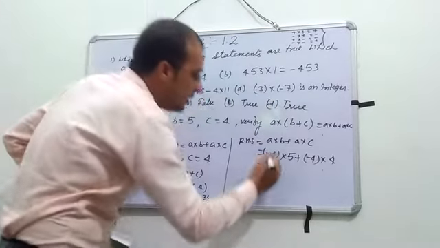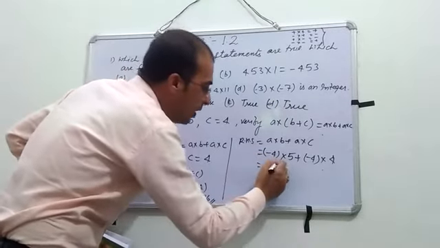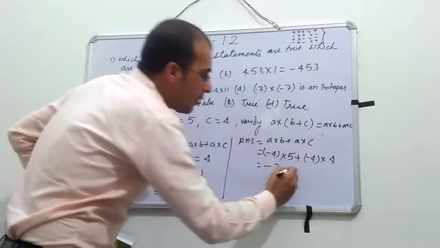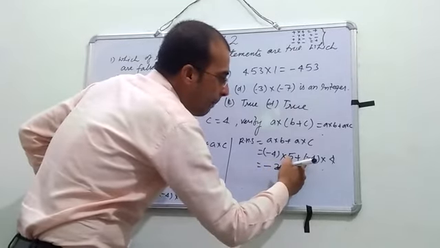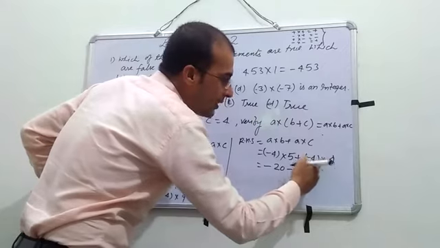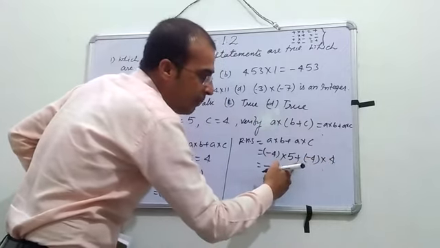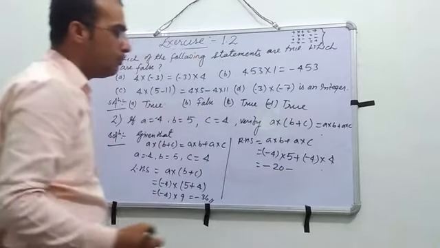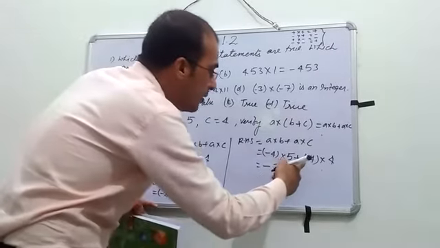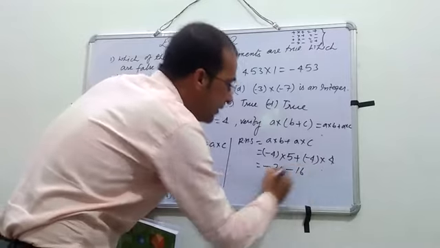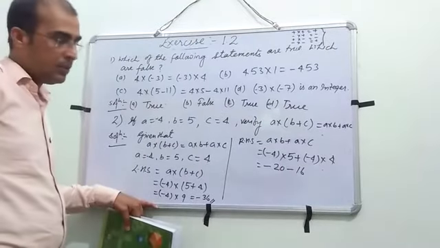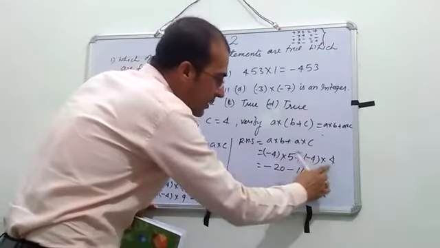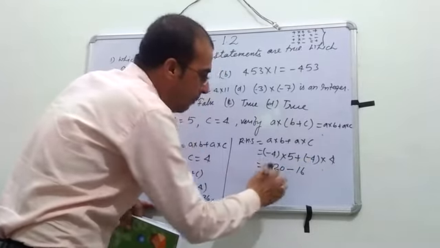Minus into plus is minus, so minus 4 fives, 20. Minus into plus is minus, and again plus is here. Again minus into plus, it will be minus. So multiply this: 4 fours, 16. Is it clear? 4 fours 16, and minus and plus will be minus.